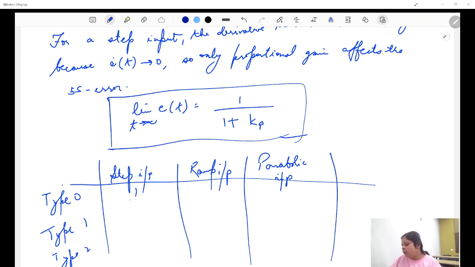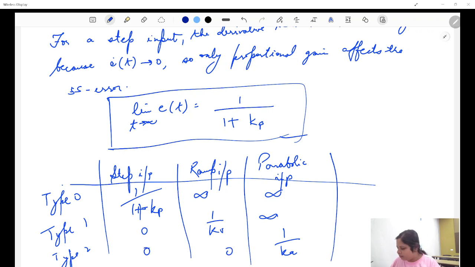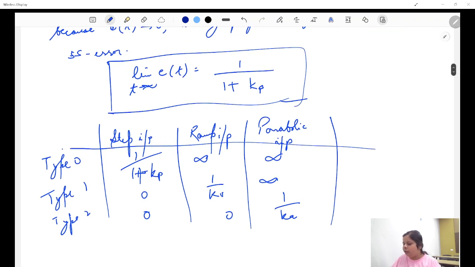Here you have 1 upon 1 plus Kp. Here you have 1 upon Kv. Here you have 1 upon Ka. It's infinity, infinity, 0, infinity, 0, 0. Right? This is what you get. But here I am saying that 1 upon 1 plus Kp is correct. Right. So let's see that.